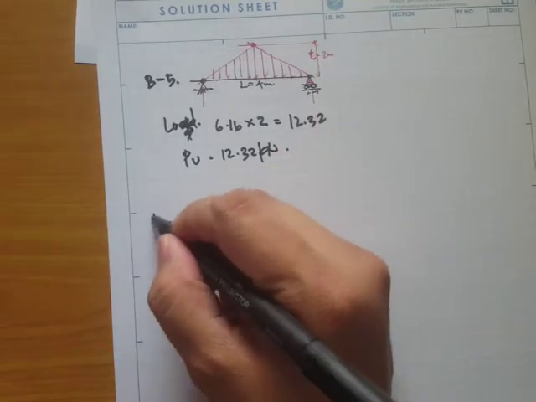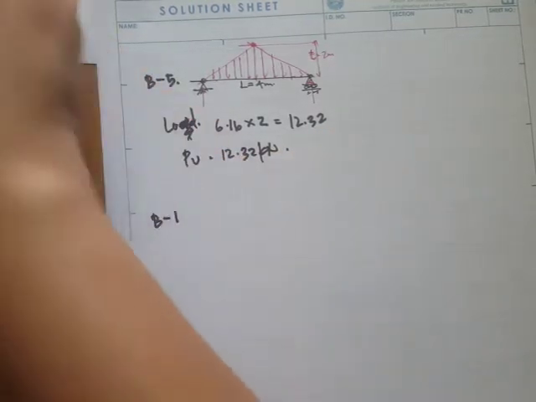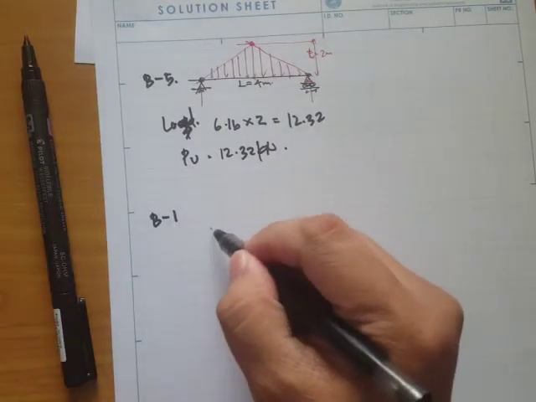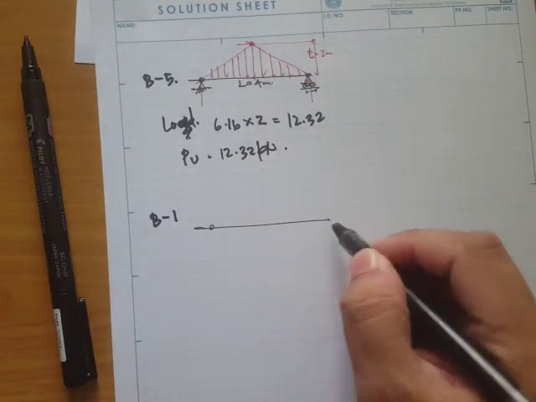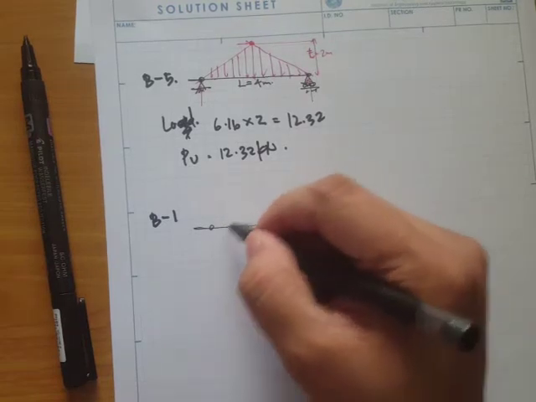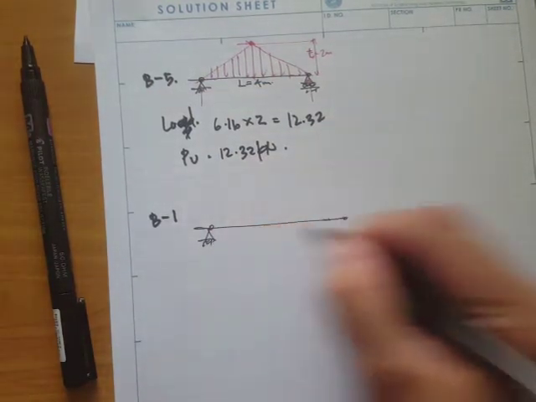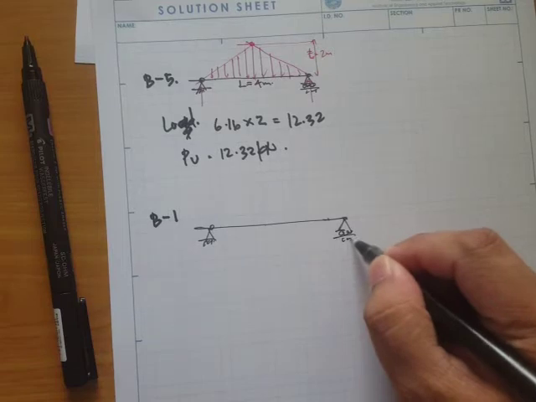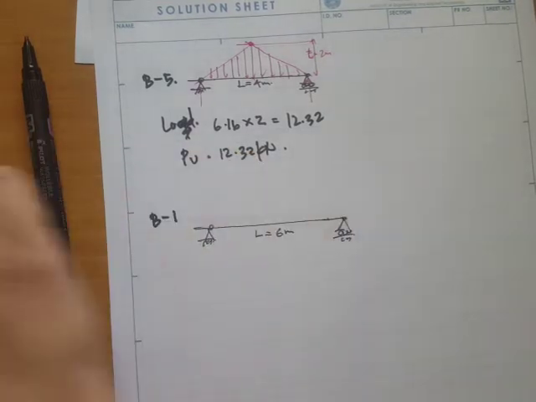Okay, so for beam-1, we have a trapezoidal loading, and our length is 6 meters.